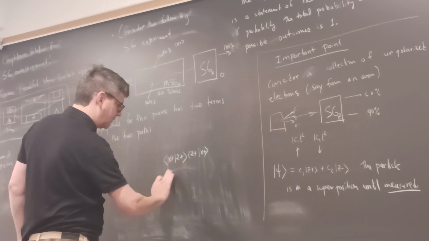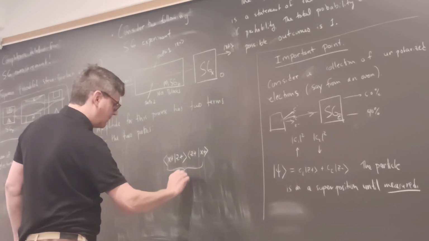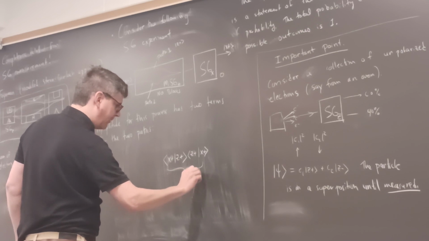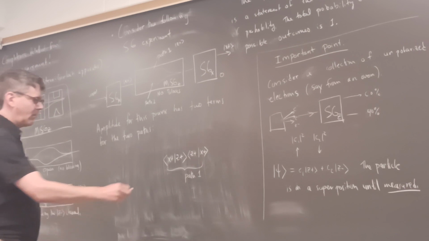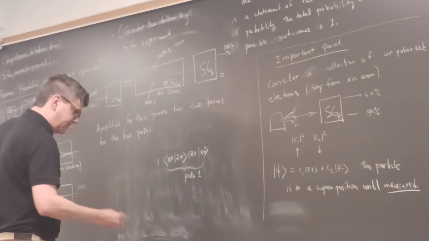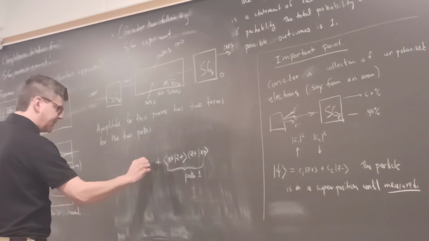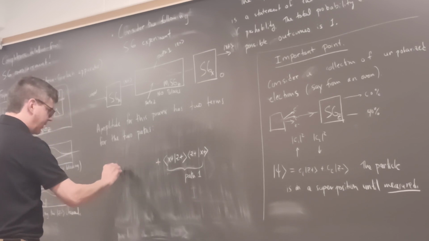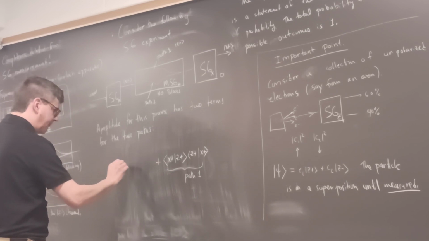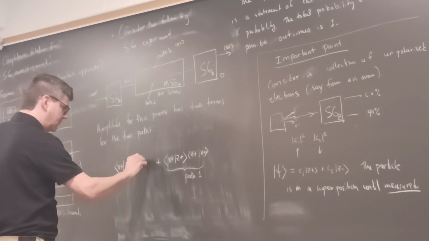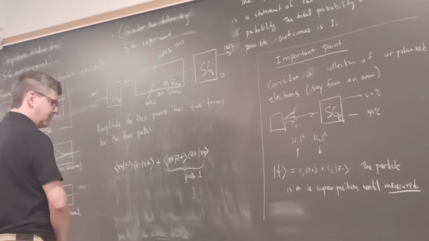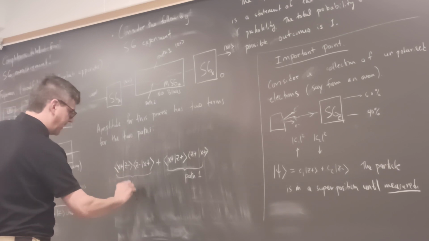So this is path 1. Plus, and then now we'll just go through Z minus. Okay, and this will be path 2.